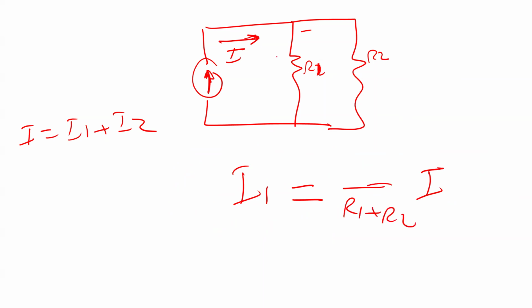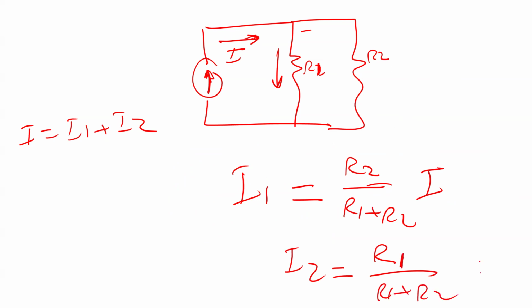But the difference is that it's going to be R2 here instead of R1. So the current I1 equals R2. Remember, in the case of voltage, it was R1. Now here it's going to be R2 divided by the summation. Same thing here, I2 equals R1 divided by R1 plus R2.